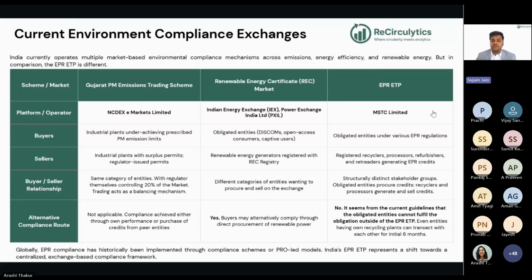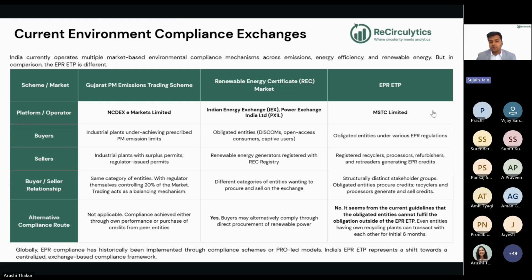In the case of RECs, the buyers and the sellers are two different categories of people. The buyers are the obligated entities like discoms, and the sellers are the renewable energy generators. But here there is one small catch.